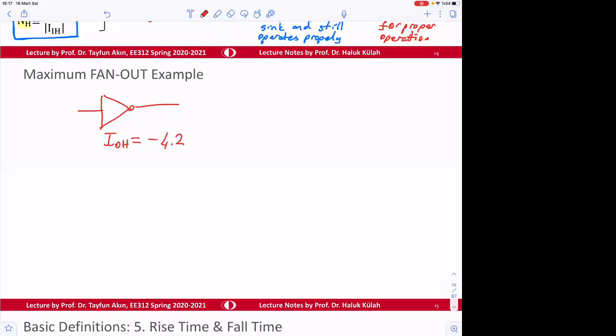Maybe I shouldn't go to that right now. We shouldn't talk about minuses right now, it's too early. Let me go step by step. We can say that the current this can give, output high, is 4.2 milliamp.